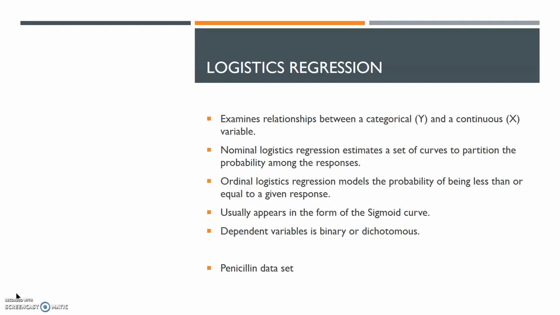Nominal regression estimates a set of curves to partition the probability among the responses. Ordinal models the probability of being less than or equal to a given response. And with regression, it basically examines relationships between variables. That's generally regression. And then there's linear and logistic.